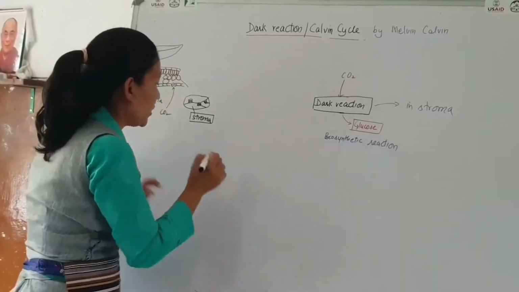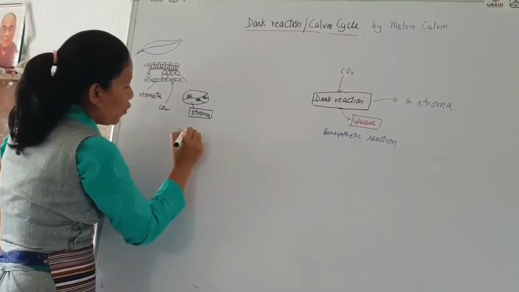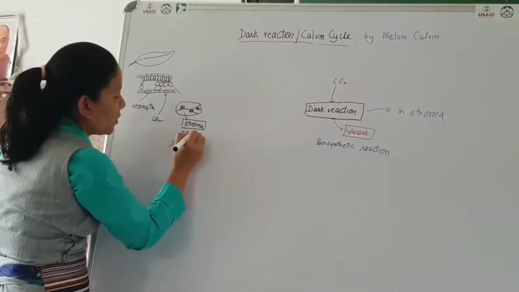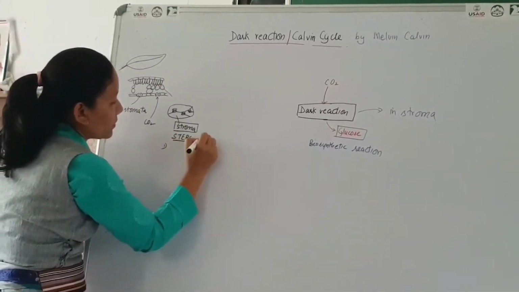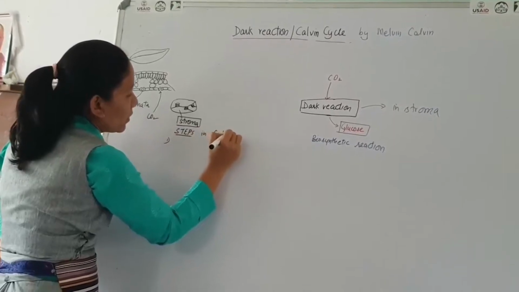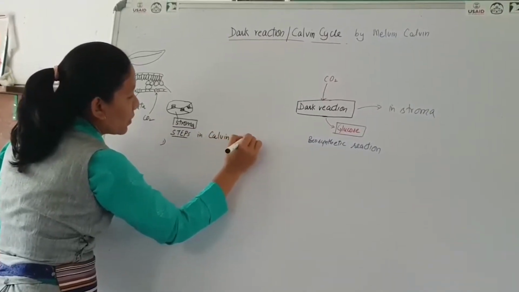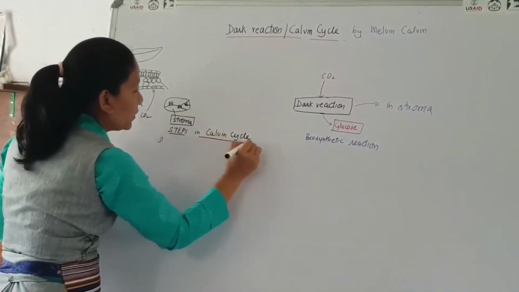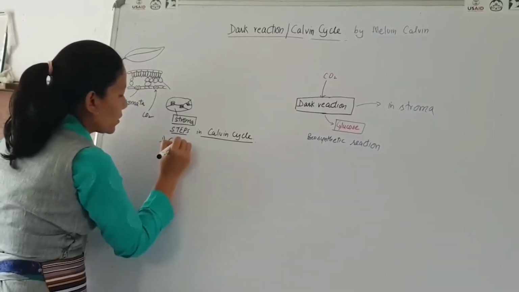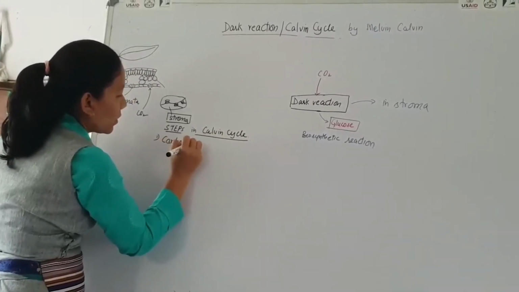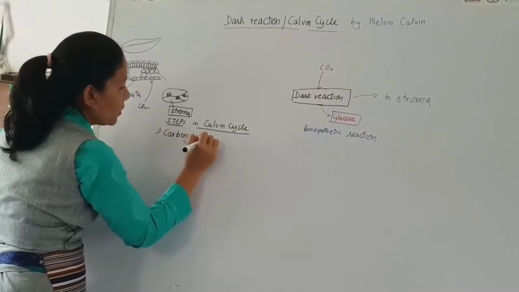The first one is carboxylation. So, the steps in the Calvin cycle. The first one is carboxylation.